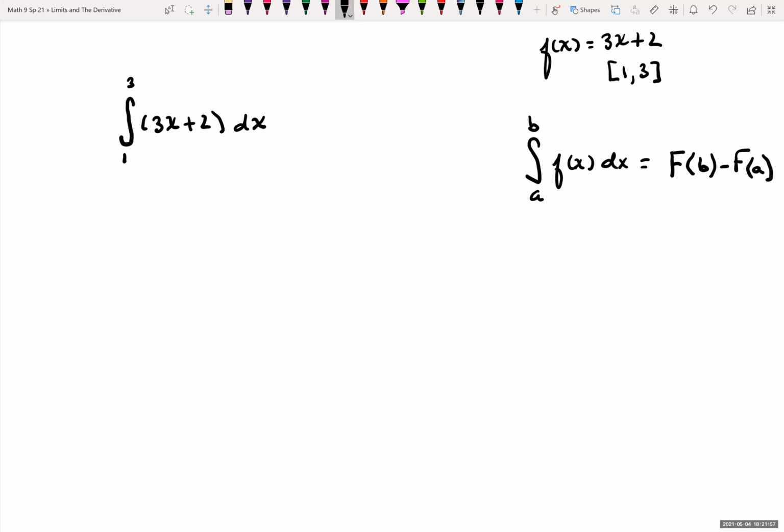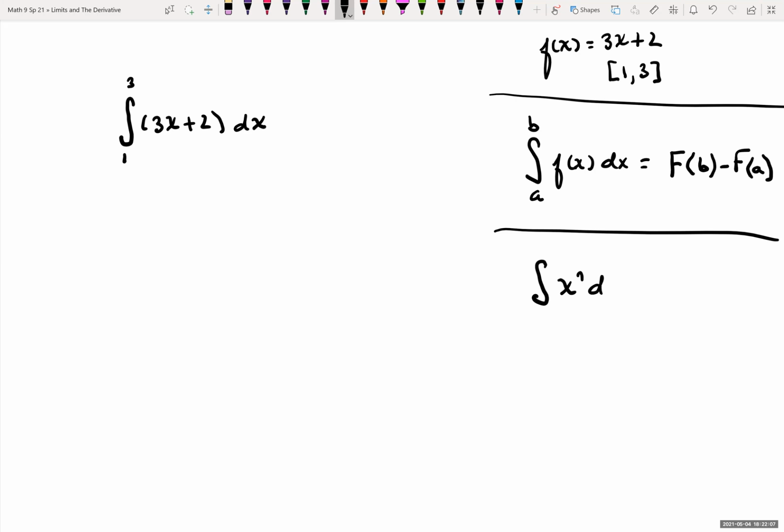Let's also talk about this one more time, just a quick review. Remember when we were doing indefinite integrals, and it was a power like x to the n dx, as long as n didn't equal -1, that was a special case, we added 1 to our exponent and divided by that new exponent. We added a value c here.